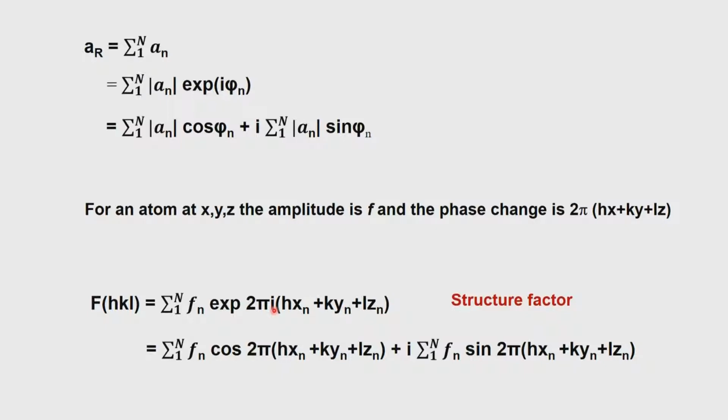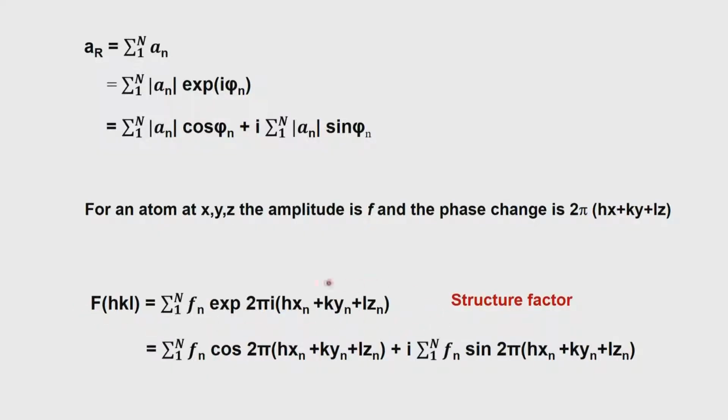In the case of a centrosymmetric structure, this imaginary component will not be there, it will become a cosine function only. But for general crystal structures, including non-centrosymmetric materials, this will be the expression. This is another key expression for our calculations in the future.